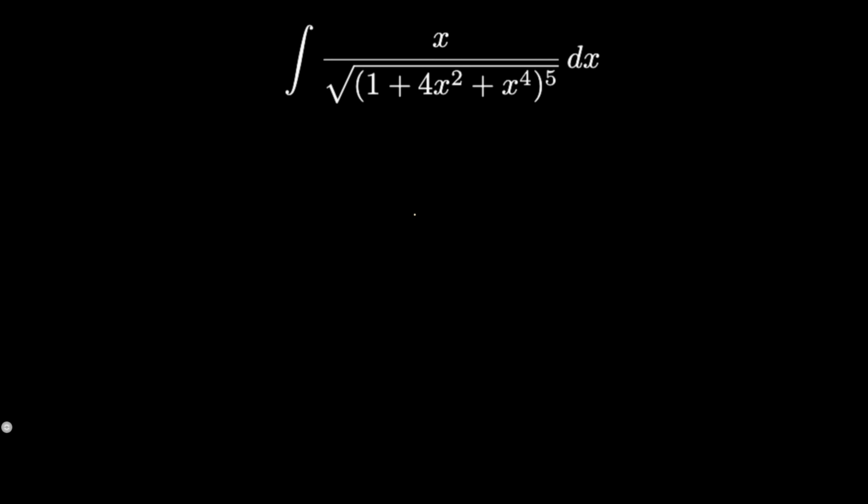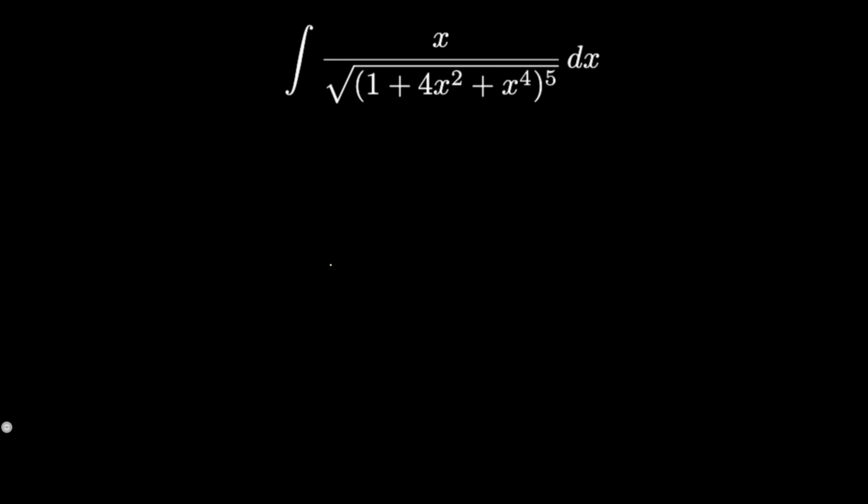So here we have an integral, and it seems like a very scary integral at first, right? Because of the x to the 4 in the denominator inside the square root raised to the power of 5. But let me tell you that it's not as hard as it seems.